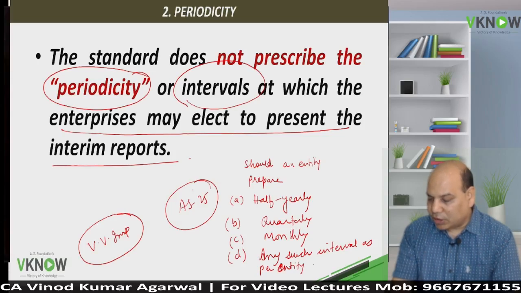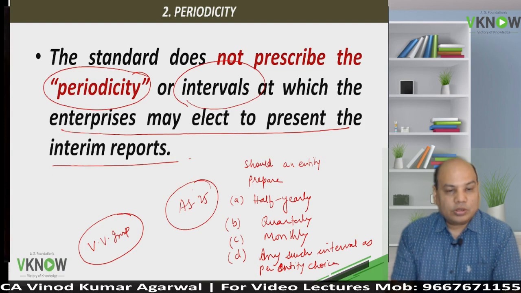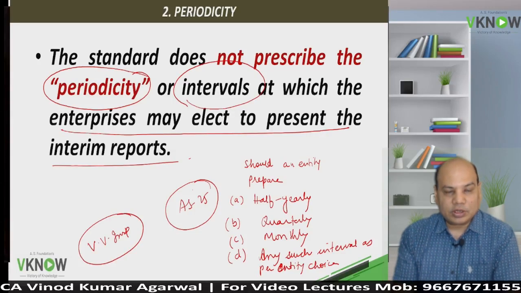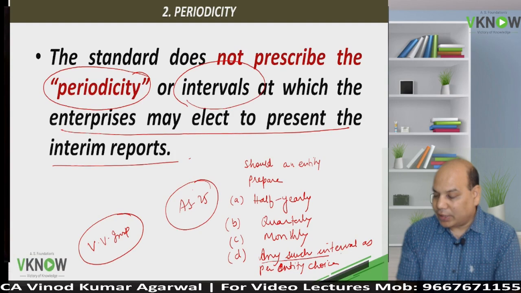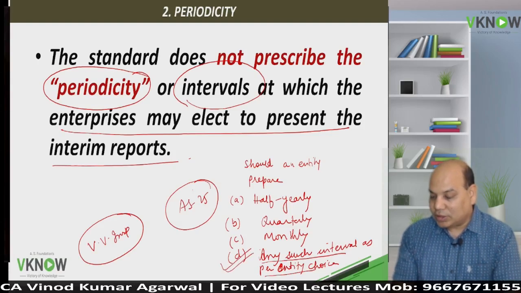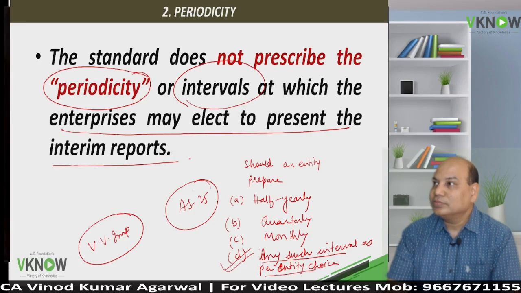If suppose I ask you a question that who will decide the period covered by the interim report, should it be half yearly, quarterly, monthly, or as per entity's choice? So therefore the answer is any such interval as per entity choice.